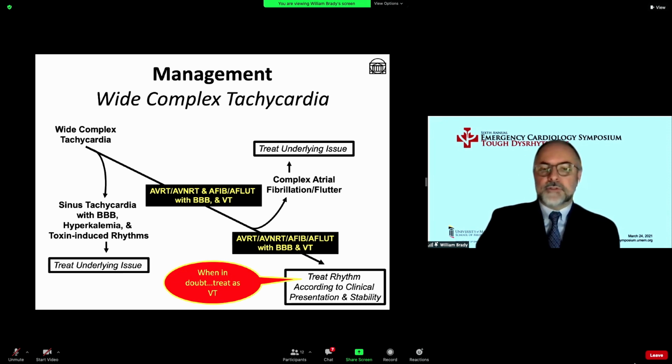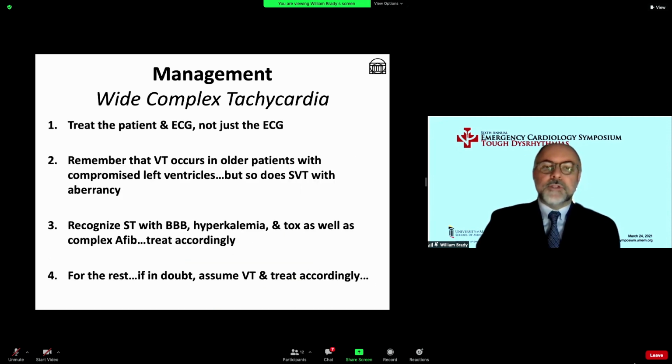So, in summary, wide complex tachycardia: focus on the patient and the electrocardiogram and not just the ECG. Treat the total presentation as we always do as emergency physicians. Remember that VTAC occurs in older patients with compromised left ventricles, meaning multivessel coronary disease, chronic significant heart failure, past MI.